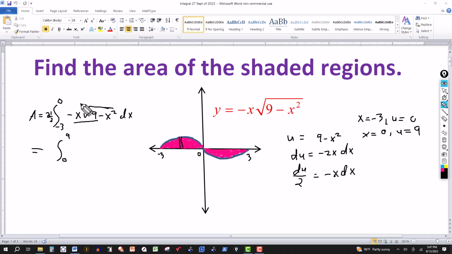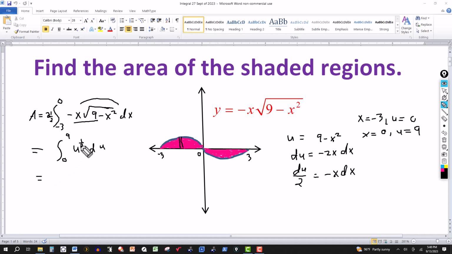The minus x dx is your du, and then 9 minus x squared is your u. So it's going to be u to the 1/2. Then we integrate with respect to u.